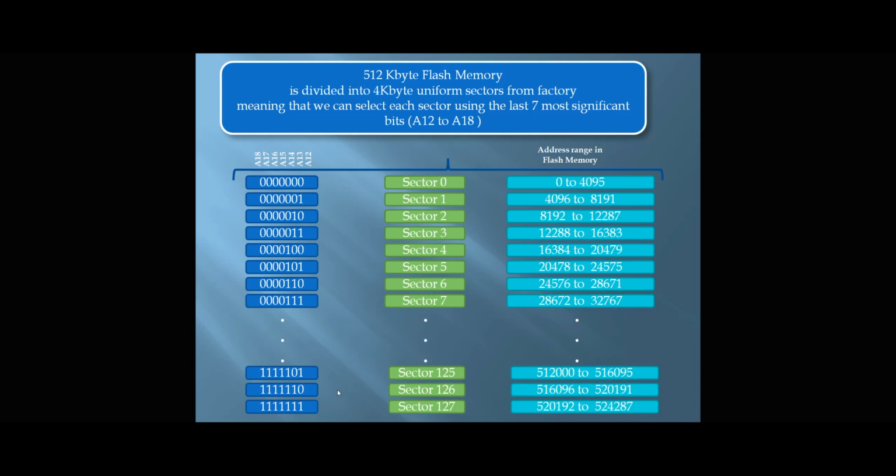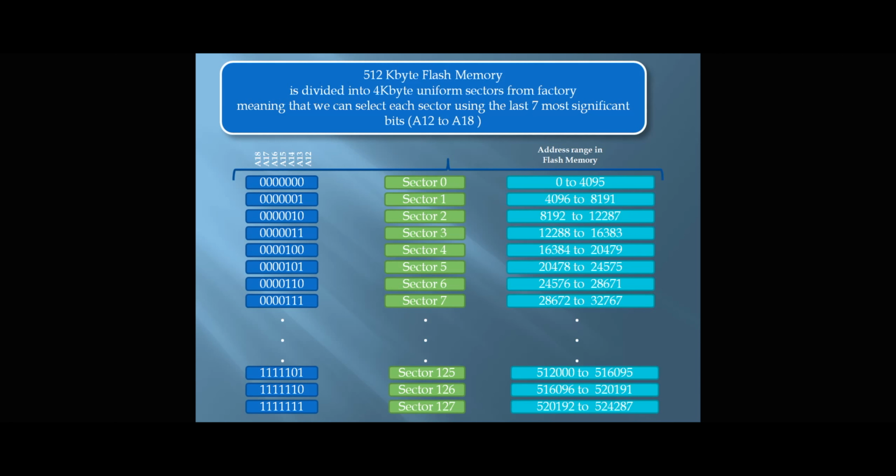So again, this is a division, or architecture, that has been done in the factory in those chips. And we need to know the address of these sectors because for the write operation, we have to send the sector number in one of the commands in order to erase the sector. And that's the whole point here.